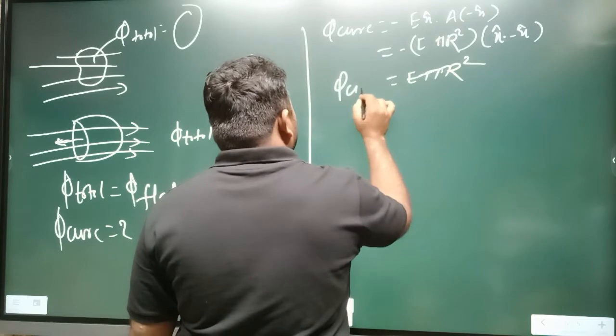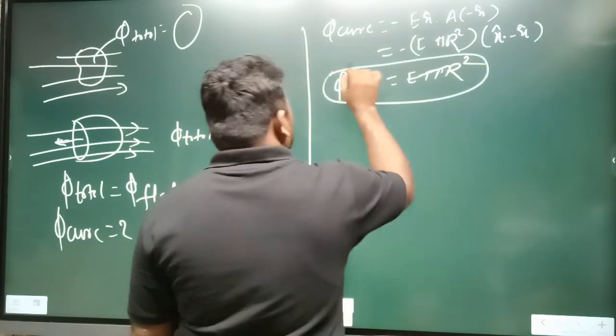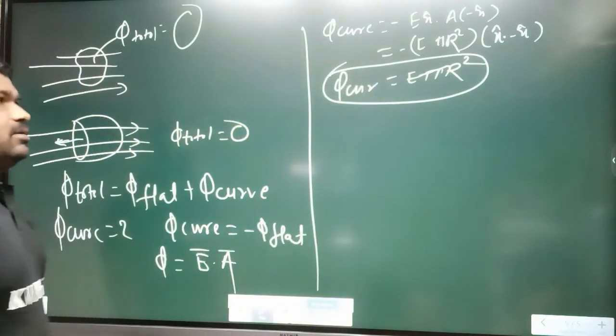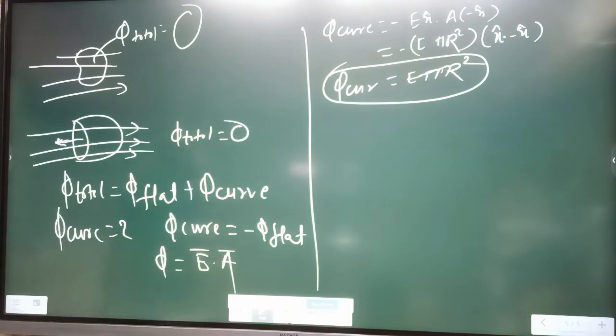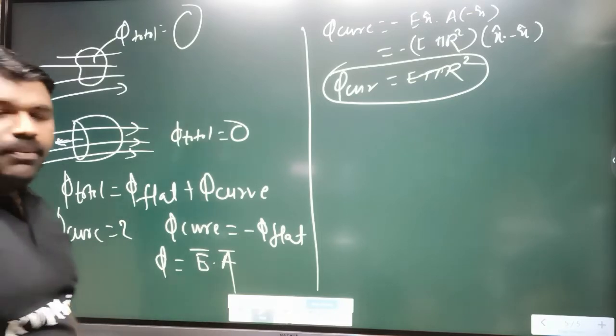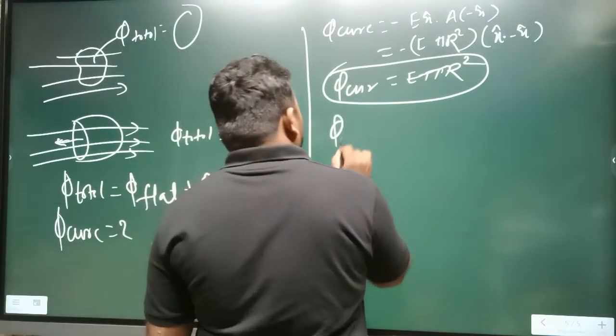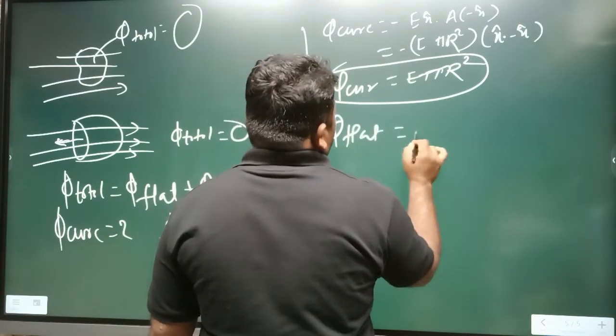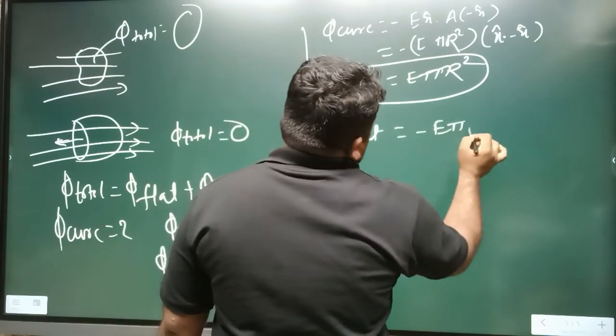How much flux is passing through the curved surface? E into pi R square. How much flux is passing through the flat surface? Minus E into pi R square.